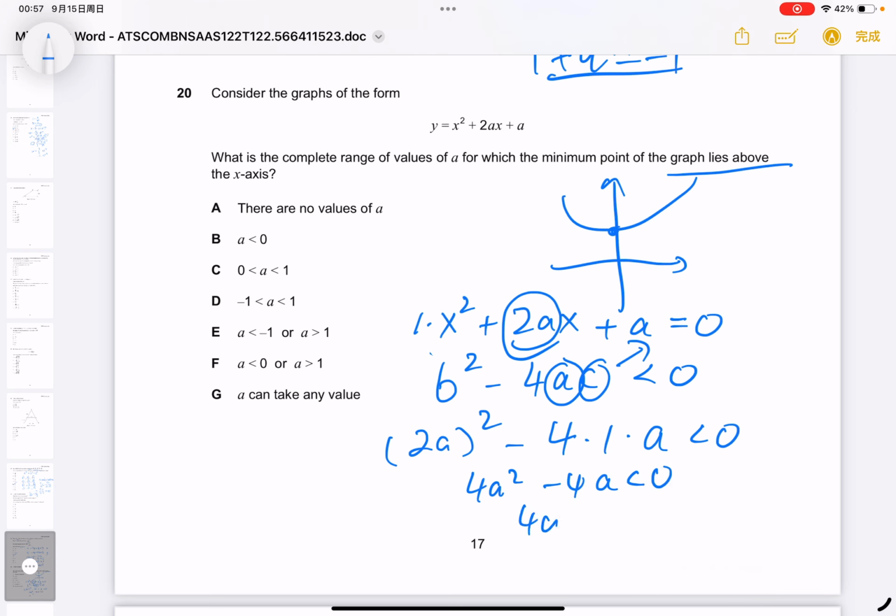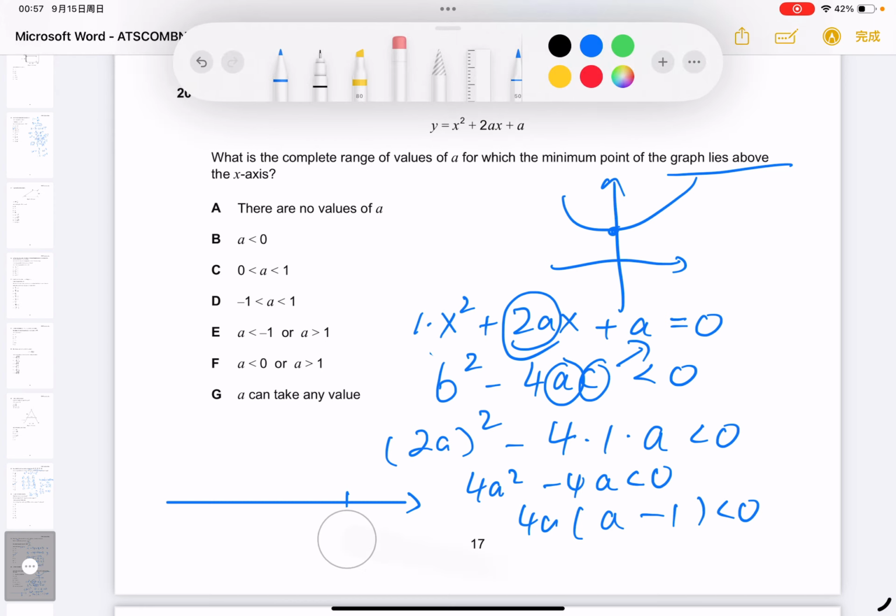Now it's time to factorize the equation, a minus 1. And we see two different cases. Let's draw a number line to visualize it. 0, 1. So if a is a number greater than 1, what will happen?